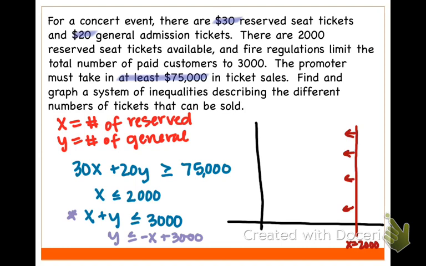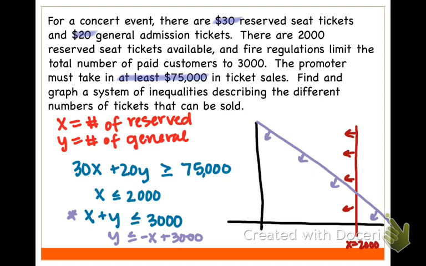And I know if I start up at 3,000 and I have a -1 slope, I'm going to hit down at 3,000. But here's my equation. Where's my boundary line? I do want it to be a solid line. And I'm going to shade below. You can already start to see where our overlap's going to happen.